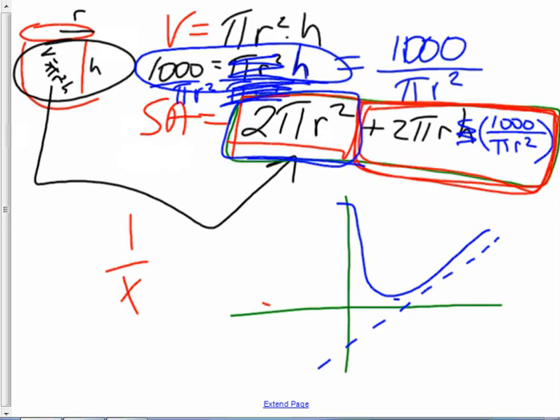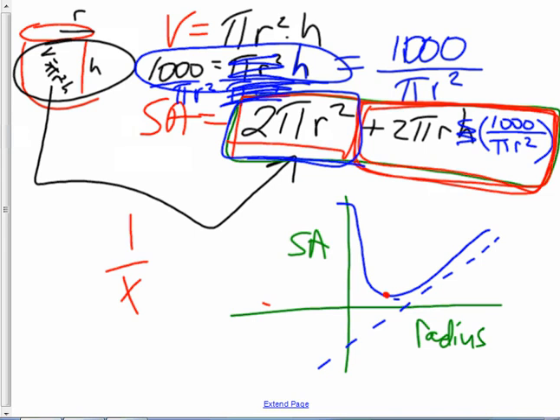And then you want surface area versus radius. Do you get that this spot right here has the least amount of surface area? The red dot I put there has the lowest amount of surface area.